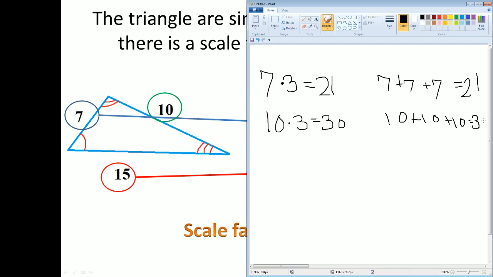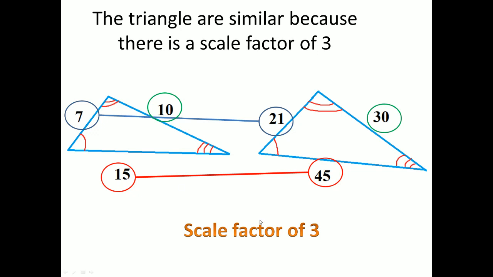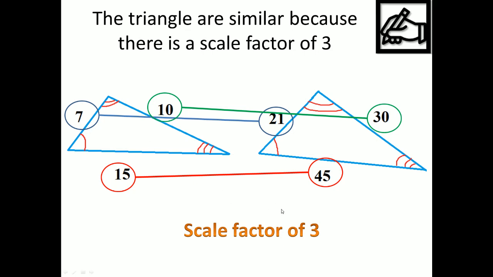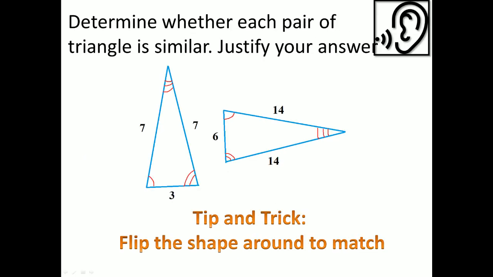That gets me my 30. Last one. 15 times 3 is equal to 45. Okay? 15 plus 15 plus 15 is equal to 45. Alright? That's how I get those values. I saw that there's scale factor 3. So I would say yes, the triangles are similar because there is a scale factor of 3. Good.